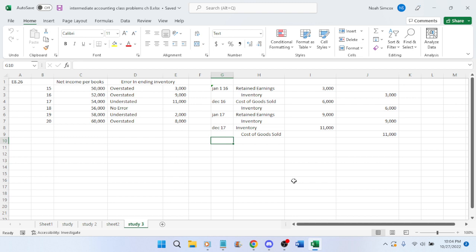The total amount that you did for both was you decreased it by 9,000. It was overstated. The difference between these two is 6,000.